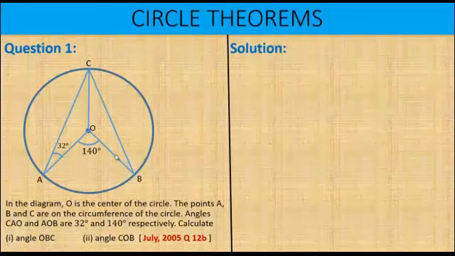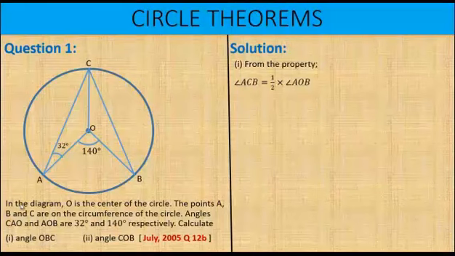So, starting from the center, I can divide 140 degrees by 2 to get the angle at the circumference. So from the property, we write that angle ACB, which is the angle at the circumference, is equal to half of angle AOB, which is the angle at the center.